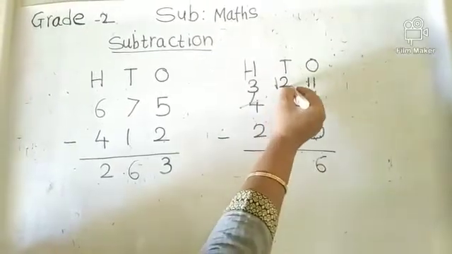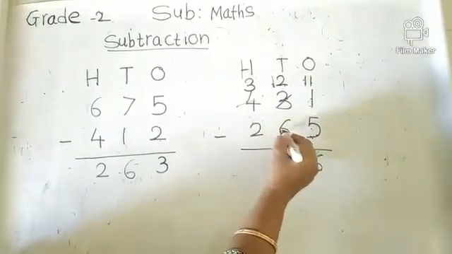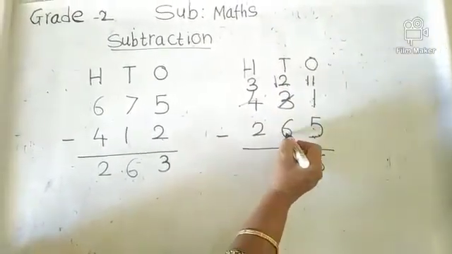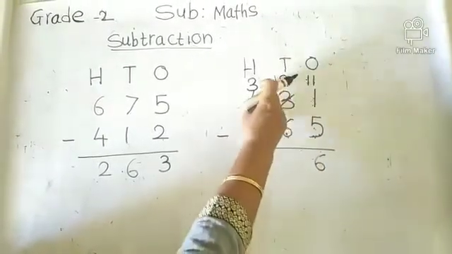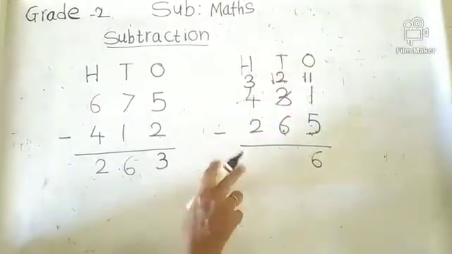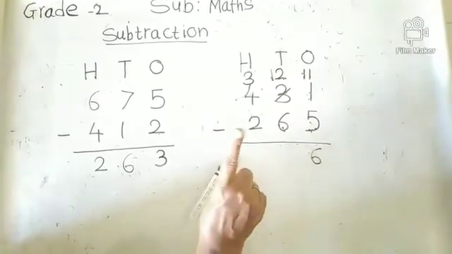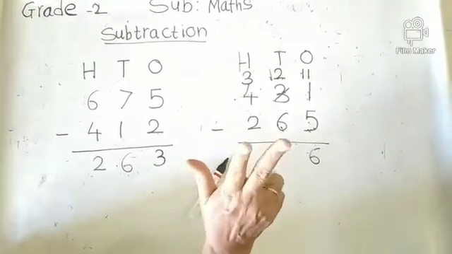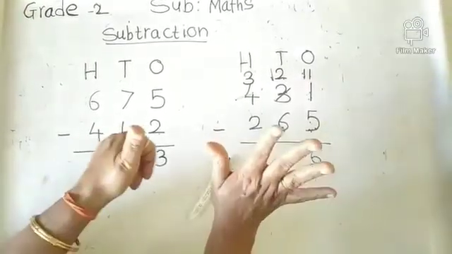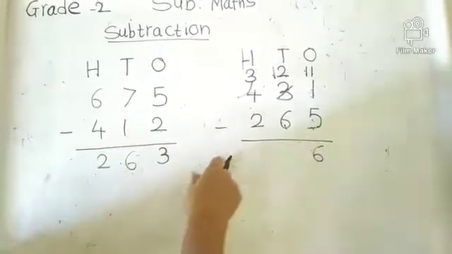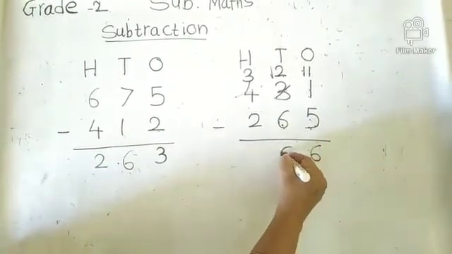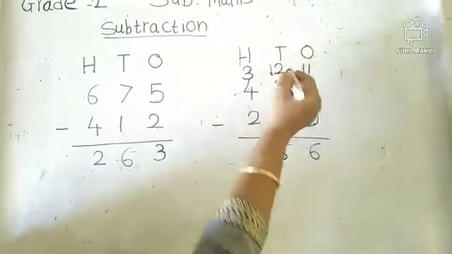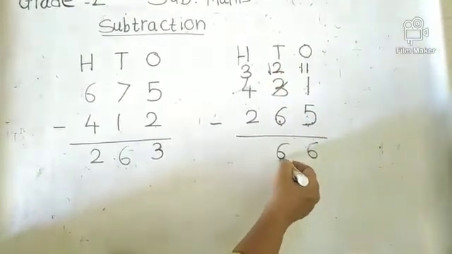Now from these 12 tens we have to subtract 6. Now count 6 forward till 12. Come on, count with me. 6, then 7, 8, 9, 10, 11 and 12. How many numbers? 6. We get 6. This 12 minus 6, we get 6.